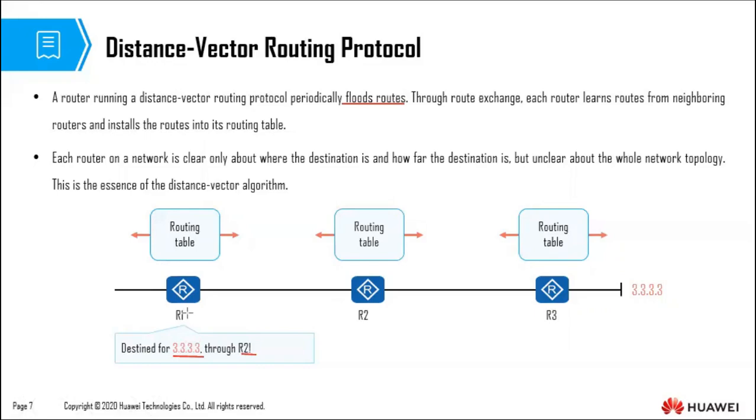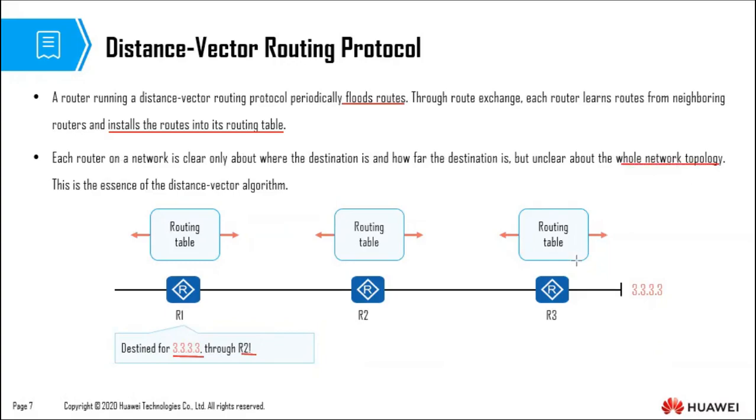When they do this, each router is going to install the routes that have been flooded into its own routing table. You are told this is how to go here, so you'll only follow that direction. Each router on a network is clear only about where the destination is and how far it is, but unclear about the whole network topology.